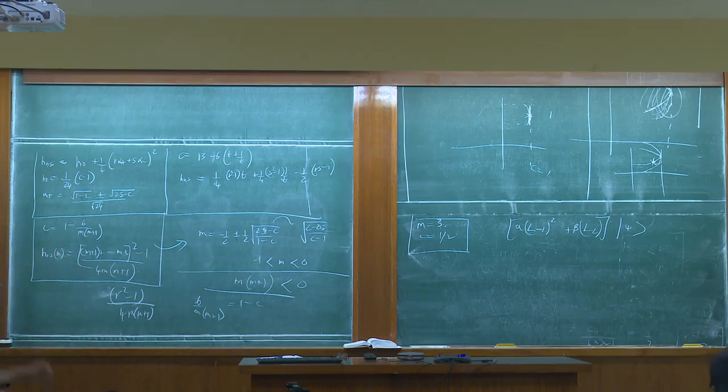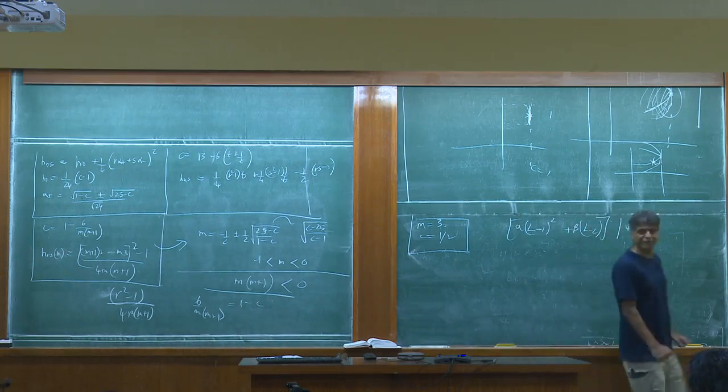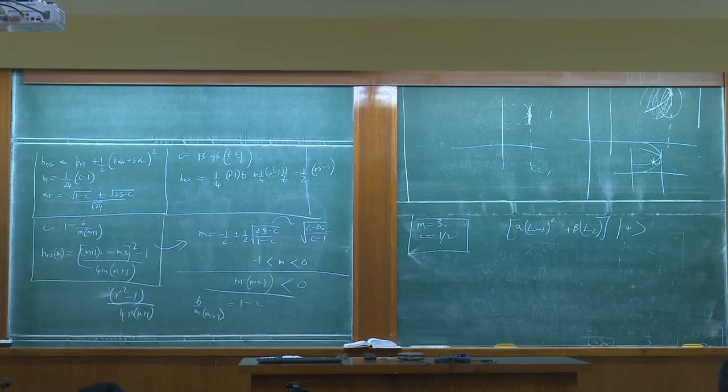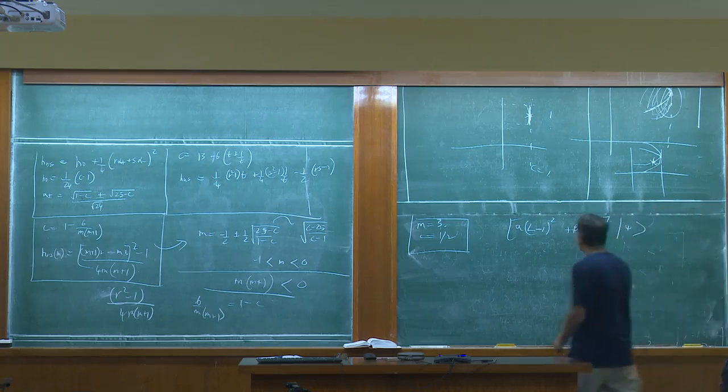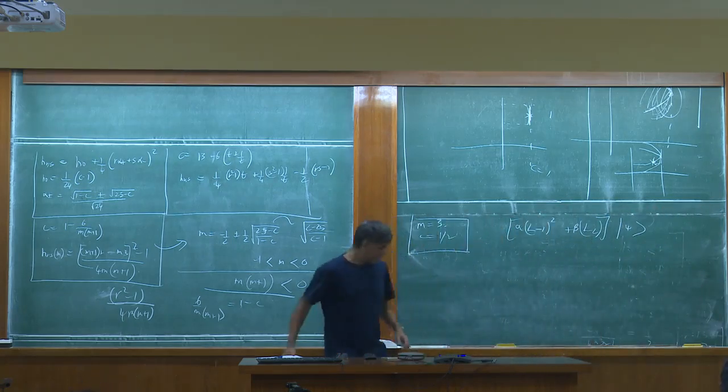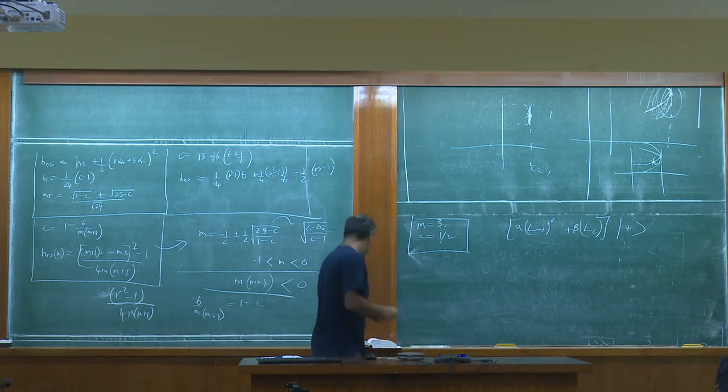We expect that this state has dimension half, we expect c to be half, and so on. I'll pretend we didn't know this in the analysis and get some of it out. So let me follow the notation here.